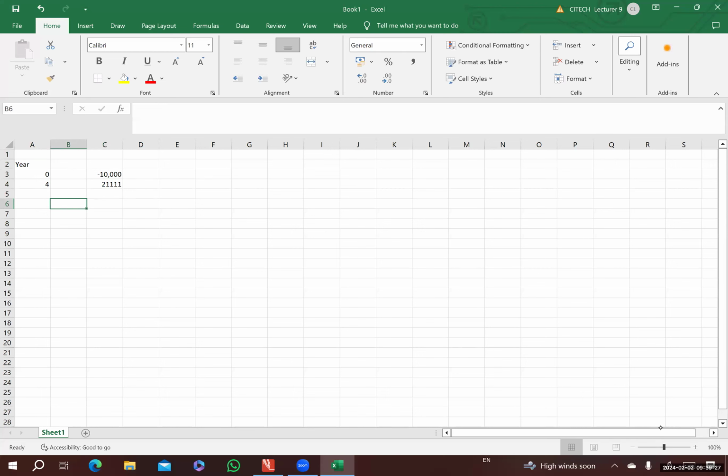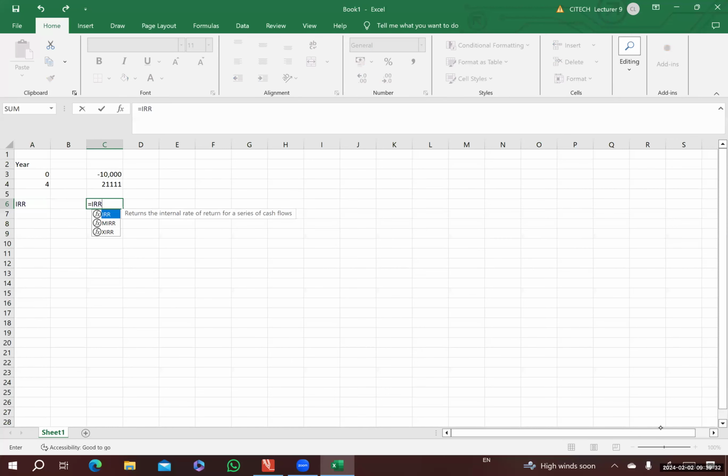So I want to find IRR: equal IRR, open bracket. Now I want to discount these two cash flows, so year 0 to year 4, close bracket. That's it. Just highlight the cash flow that you want to discount. Enter. That is the IRR. 111%, because I just simply threw in some value just now.